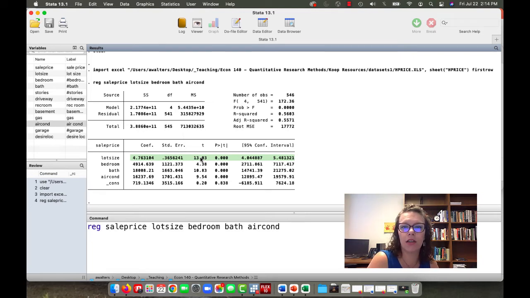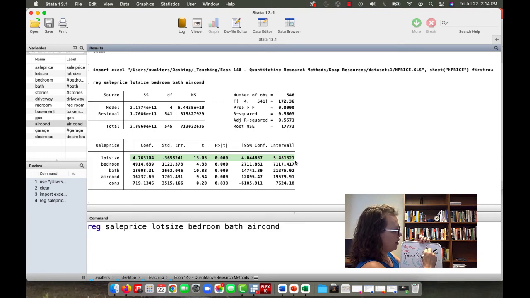If you look here on the regression results, you can see 95% confidence interval. And the numbers here, 4.04487 and 5.481321, that's our confidence interval. It's the lower and upper bound range within which we are 95% confident that our actual true real value of beta exists.